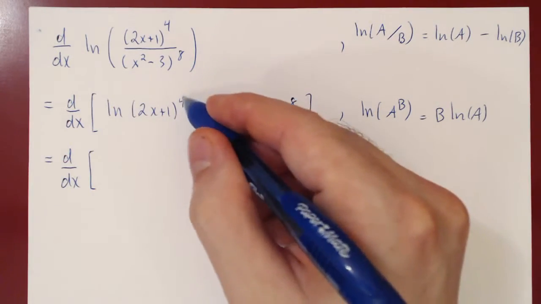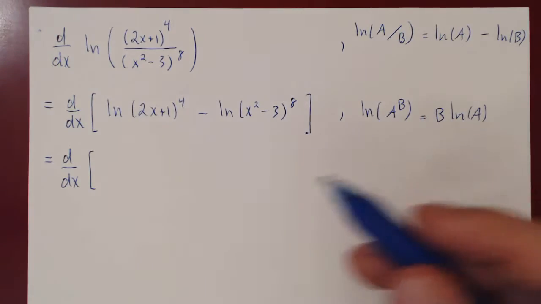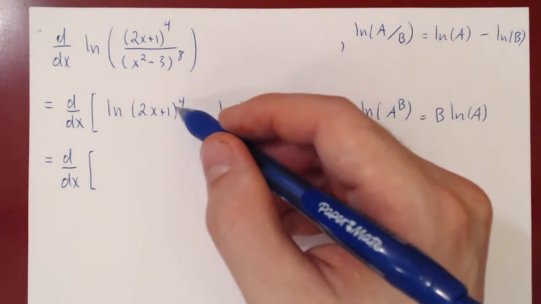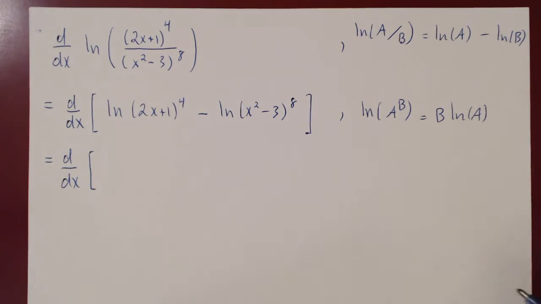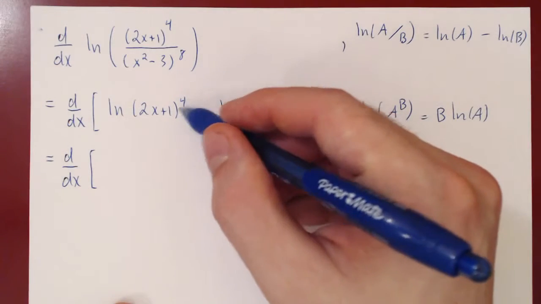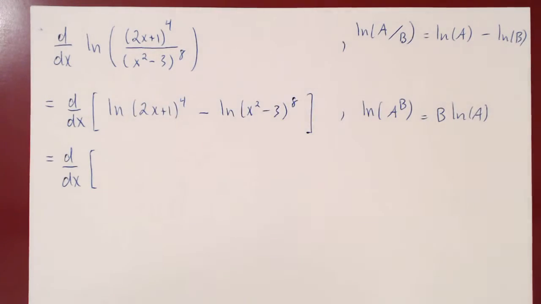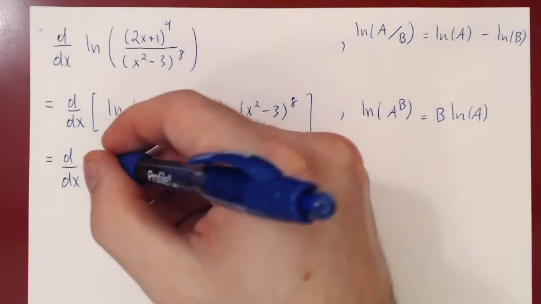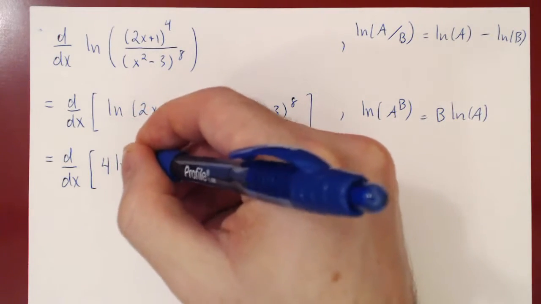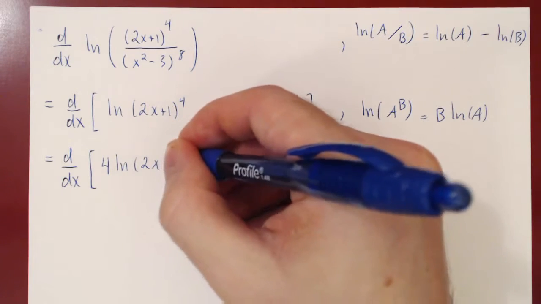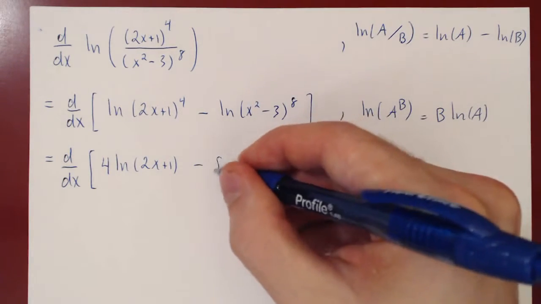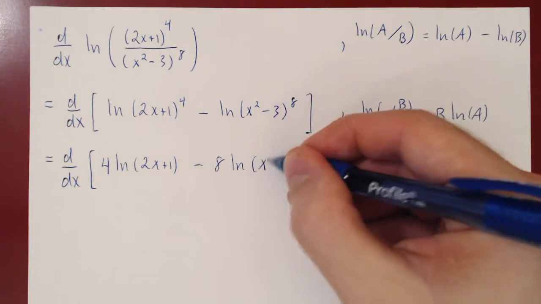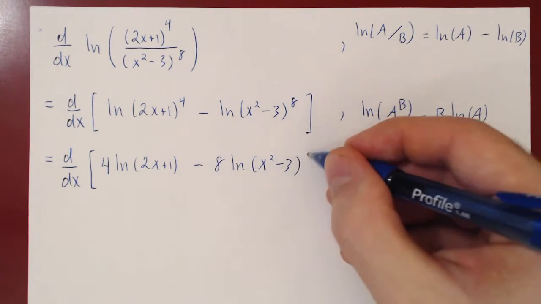So we'll move the 4 outside, and you see the reason why this is so nice is the power of 4 would cause us one more application of the chain rule. After we move the power of 4 outside, it becomes a scalar multiple, which makes the differentiation a lot simpler. So we have 4 ln of 2x plus 1 minus 8 ln of x squared minus 3.